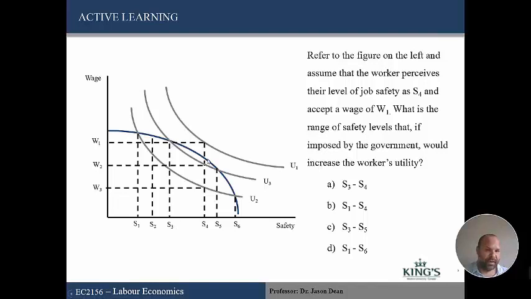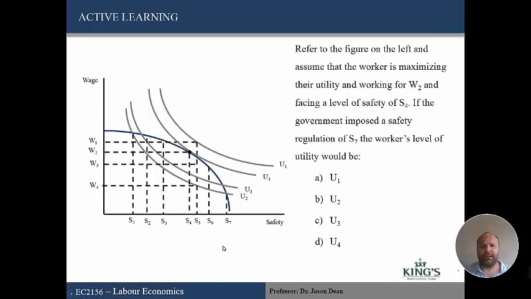This area here would be all wages that the firm would offer for safety levels between S3 and S5. And any of these wage and safety combinations, if the worker got them, would result in a higher level of utility. Okay? So here the answer is S3 to S5. So it's C.